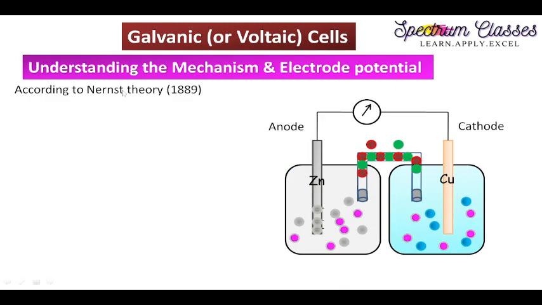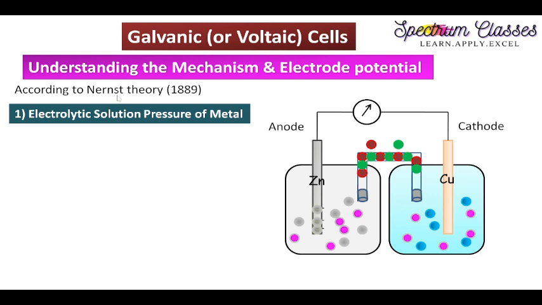For understanding the mechanism or working of this Daniell cell, we are going to consider the Nernst theory, which was put forth in 1889. He is a very famous scientist, and he also gave his equation which is known as Nernst equation, and I have already made one video on the Nernst equation. He proposed that there are two different pressure mechanisms.